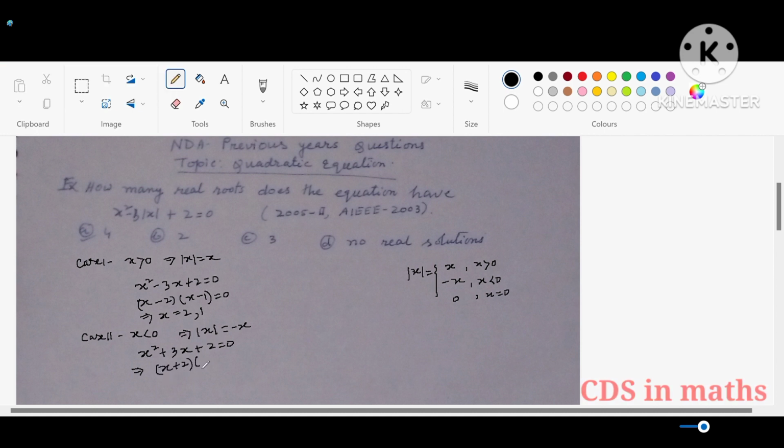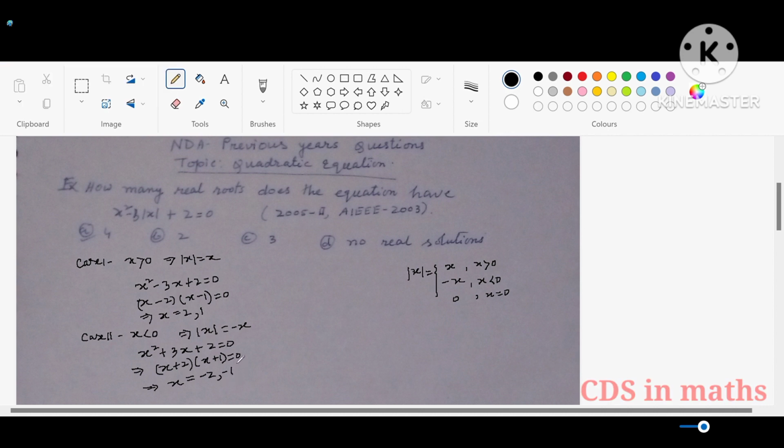My factors will be (x plus 2) and (x plus 1) is equal to 0. Now the product of two factors is 0, so one of the factors must be 0. If I consider x plus 2 equal to 0, then the x value will be minus 2.